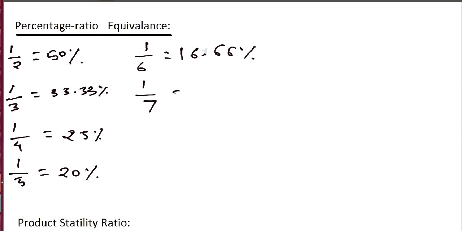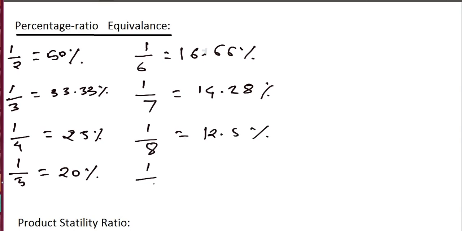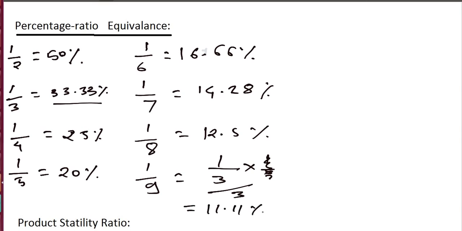Now 1/7 is 14.28%. 1/8 is half of 1/4. 1/4 is 25%, so 1/8 will be 12.5%. 1/9 is one third of one third, so it is 33.33% divided by 3, which is nothing but 11.11%.